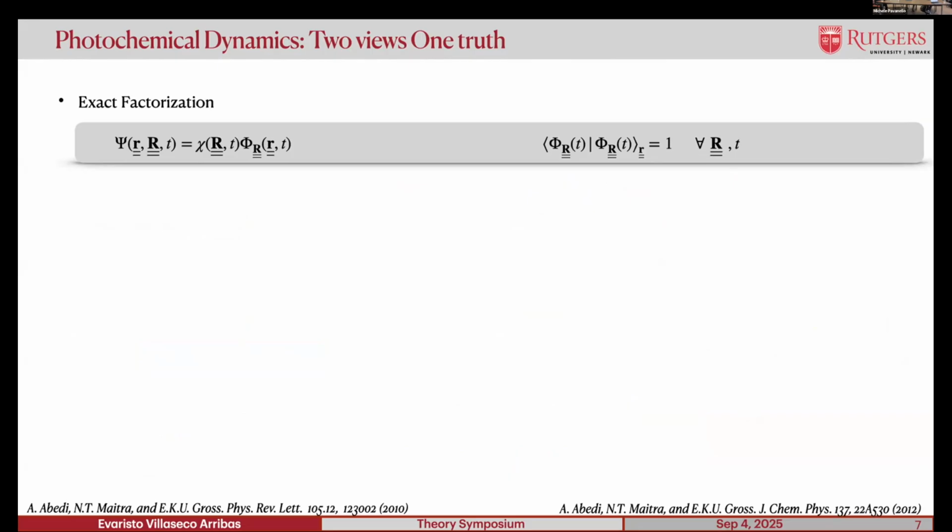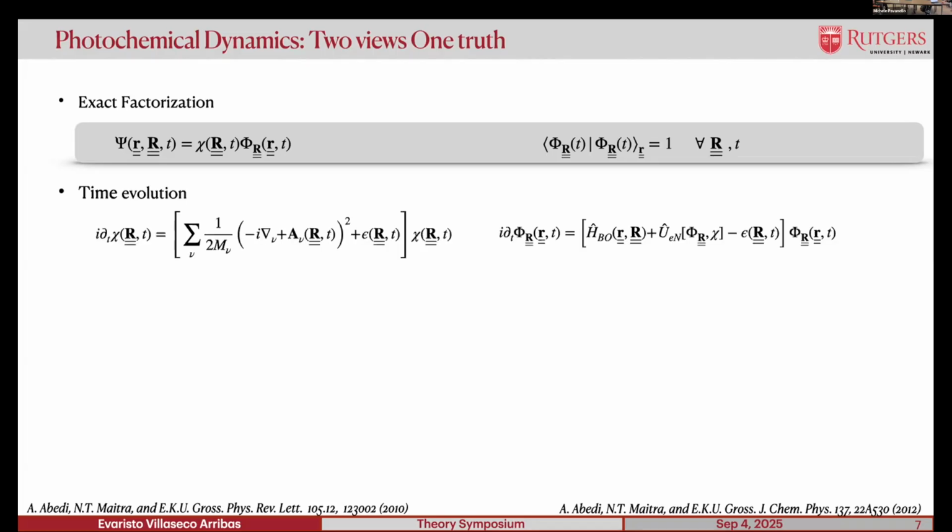Now, if you think about basic probability theory, you know that you can always express a joint probability distribution in terms of marginal and conditional, but this is deeper because it's a probability amplitude. It's a complex object, and this factorization can be shown to be unique up to a phase, provided a partial normalization condition. But once you derive your equations of motion for these two subsystems, this is what you get.